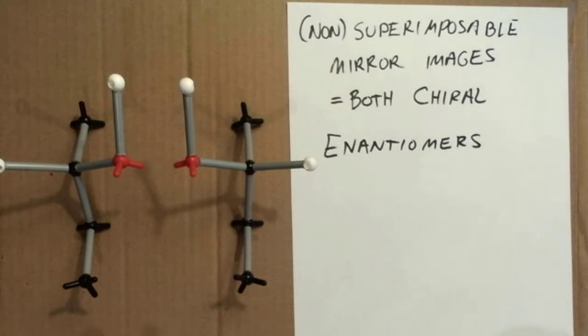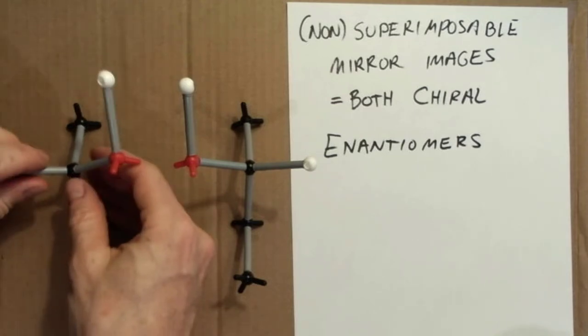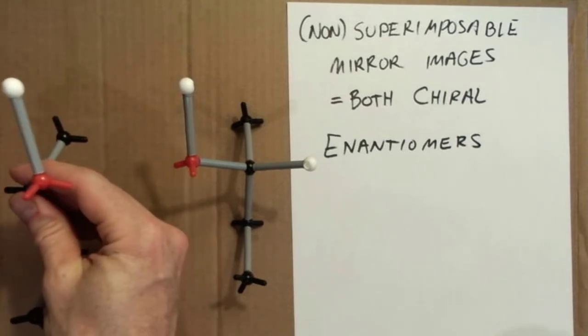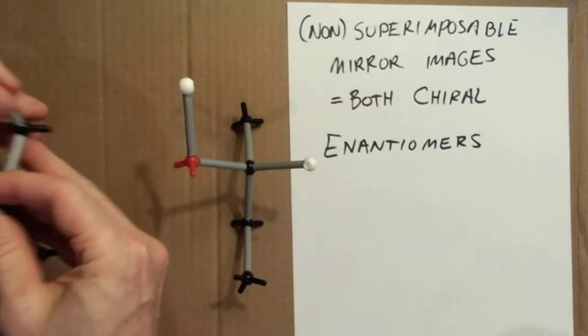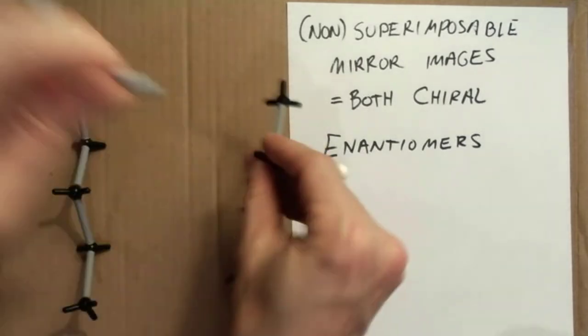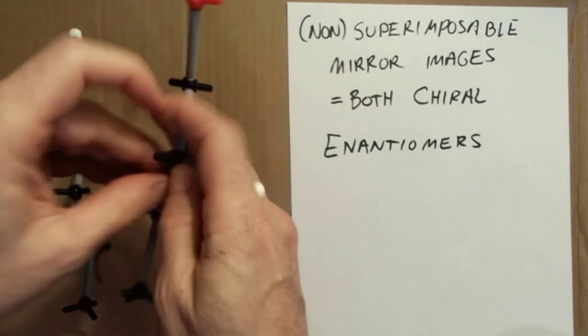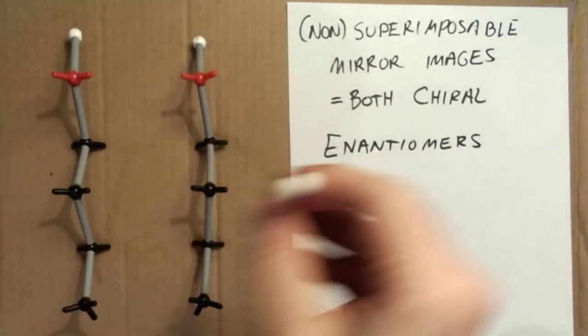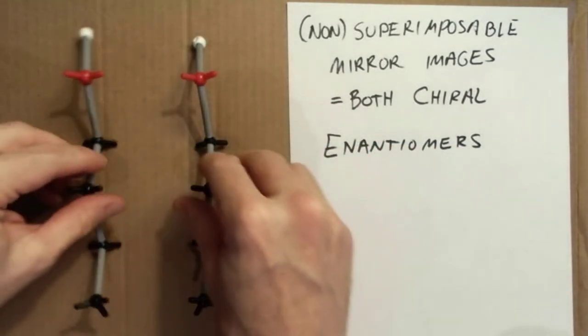Now, everything has a mirror image, except vampires, but the mirror image of some molecules is the same. For example, if we take the hydrogen off and we just put the OH at the end, now we have one butanol. We can arrange them in different ways, right?